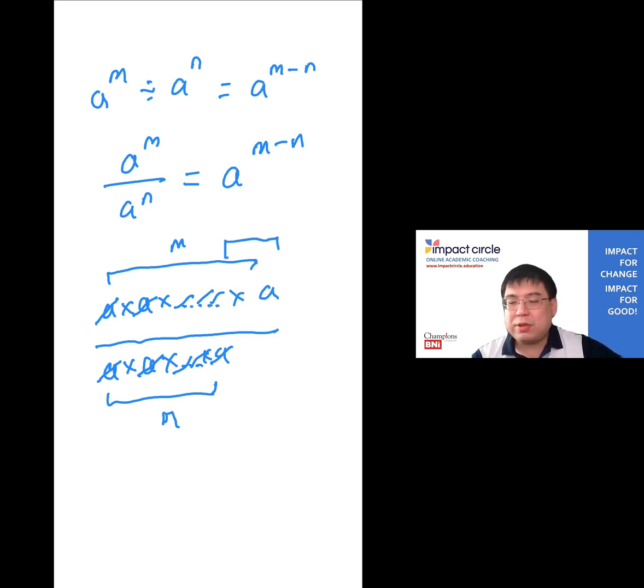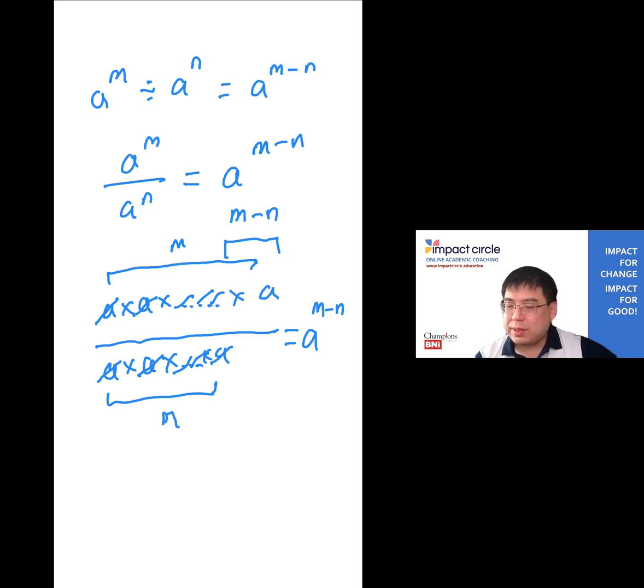So how many copies are you left with on top? You are left with m minus n copies. And therefore, after cancelling, the result will be a to the power of m minus n. And you have your second law of indices.